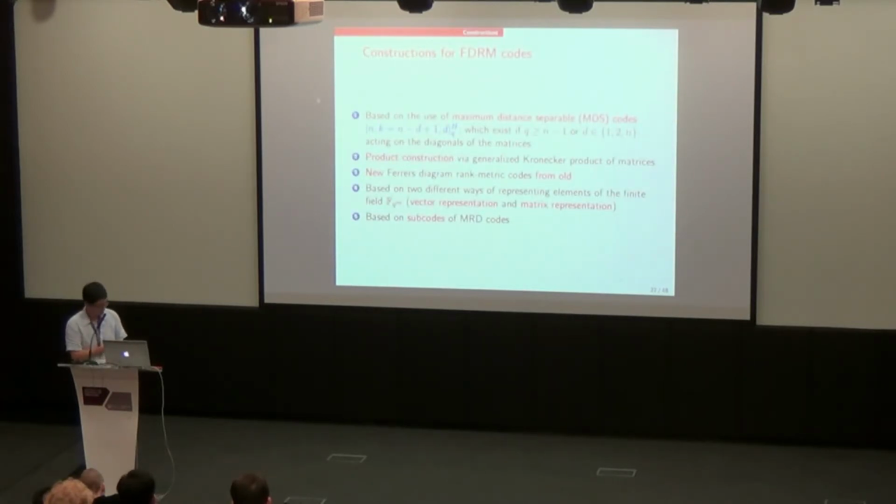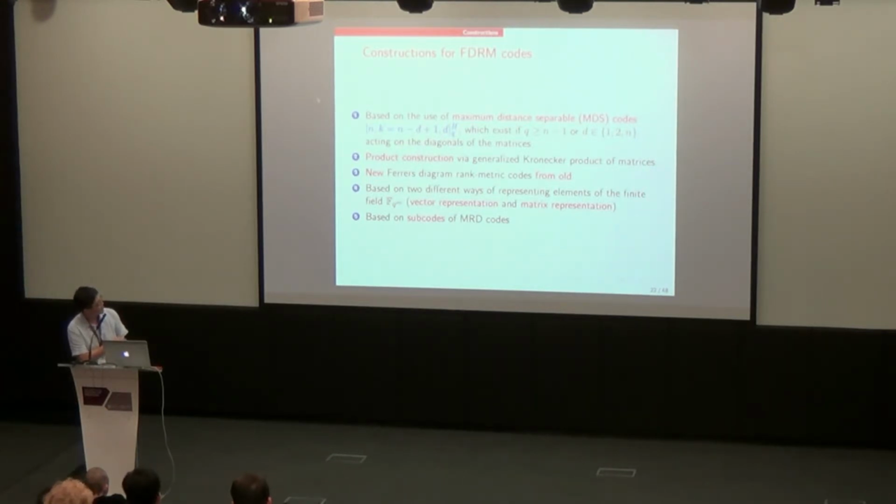In this talk, I want to show some constructions. Here, I will mention 5 constructions. The first one is based on the use of maximum distance separable code, briefly MDS code. An MDS code is a code with this parameter. It is a linear Hamming code with dimension k and minimum Hamming distance d.